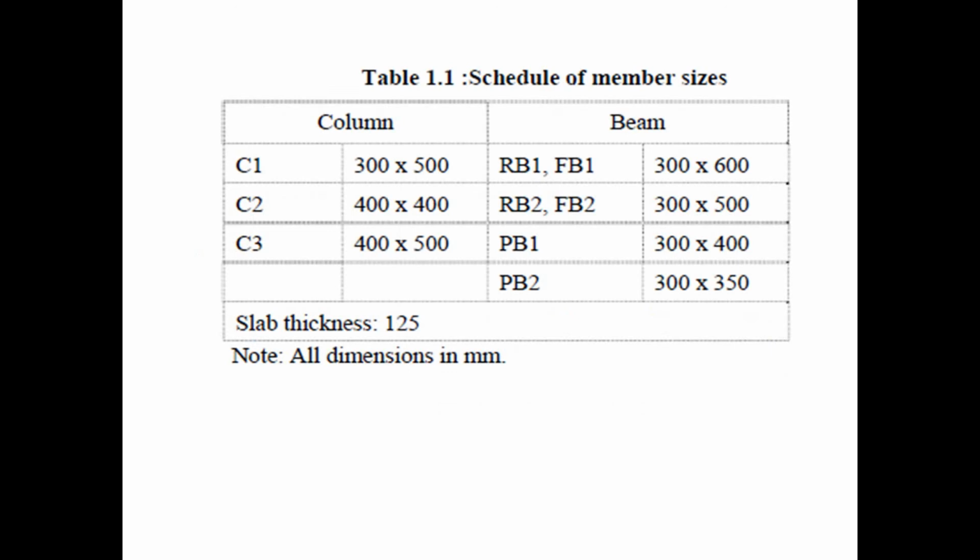Okay, so these are the preliminary dimensions given: C1, C2, C3 for columns and beams RB1, RB2, FB1, FB2 and PB1, PB2. RB1, RB2 are the roof beams, FB1, FB2 represent the floor beams, whereas PB1 and PB2 represent the plinth beams.